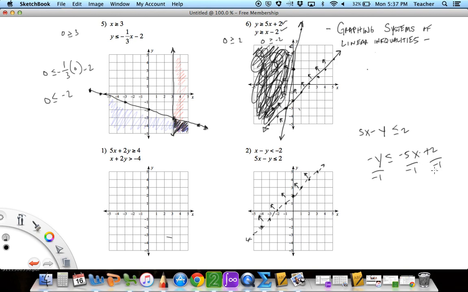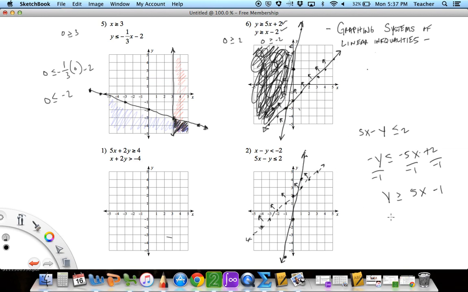And again, we're in that situation where we have to flip this sign: y is greater than or equal to 5x minus 2. So I'm going to start at negative 2. 1, 2, 3, 4, 5 over 1. And then 1, 2, 3, 4, 5 over 1. And because it is a solid line, because it's equal to, that means solutions exist on this line, which is not the case with the other one.